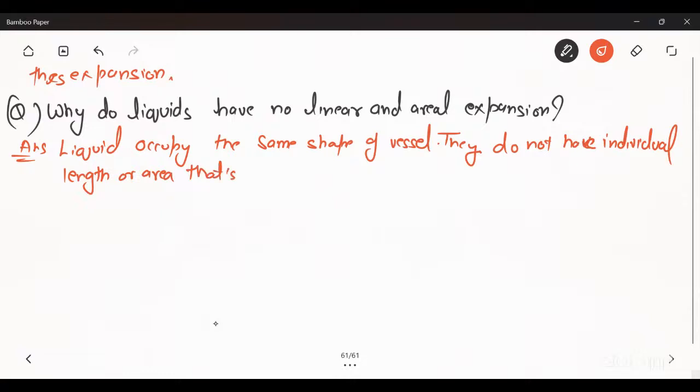That's why they do not have linear or areal expansion.